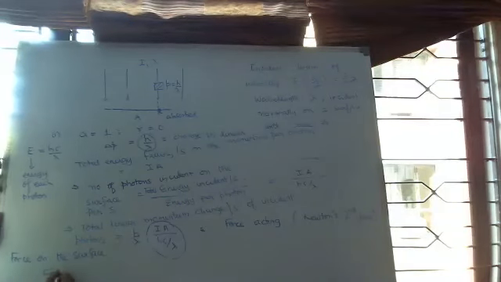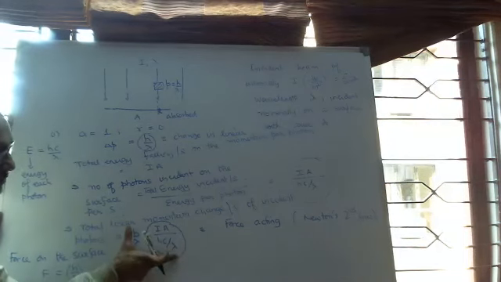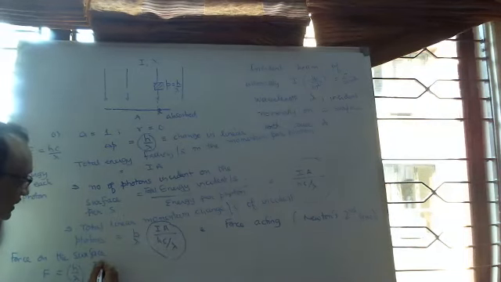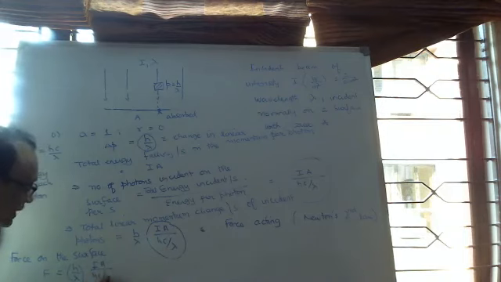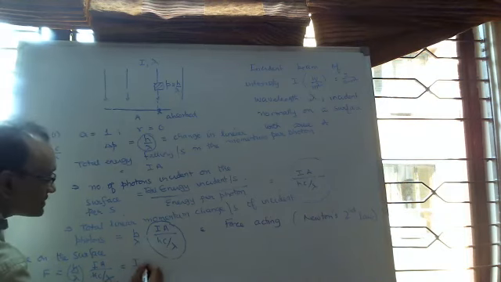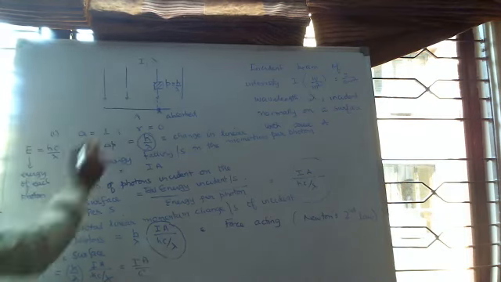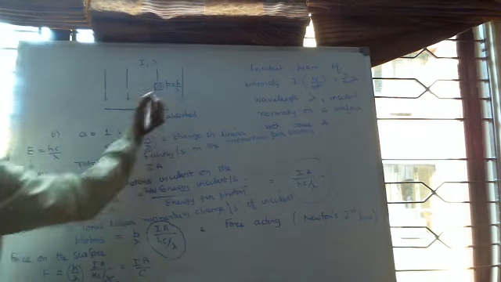F would be h by lambda, the change in linear momentum per photon, into IA divided by hc by lambda. h cancels, lambda cancels, which gives IA by c. This is the force acting on the surface.